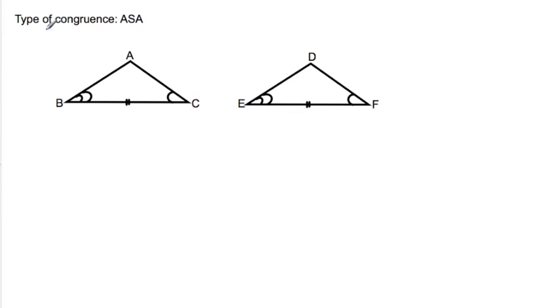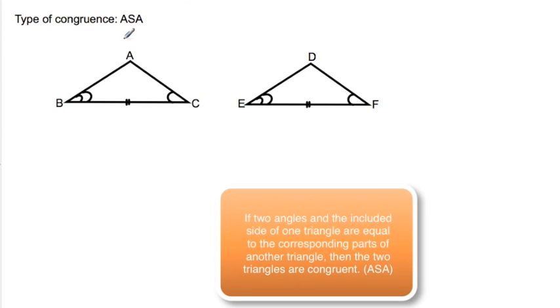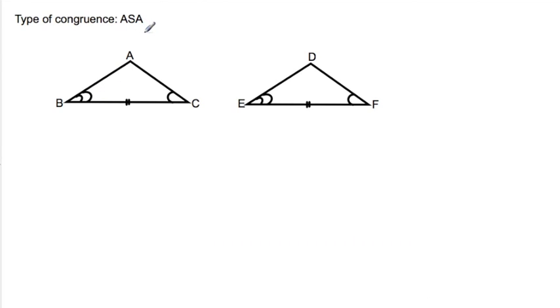The next type of congruence we're going to go over is angle-side-angle congruence. If two angles and the included side of one triangle are equal to the corresponding parts of another triangle, then the two triangles are congruent. This is the angle-side-angle test. So in triangles ABC and DEF, we see angle ABC is equal to angle DEF. We can see because these two markings show that they're the same.